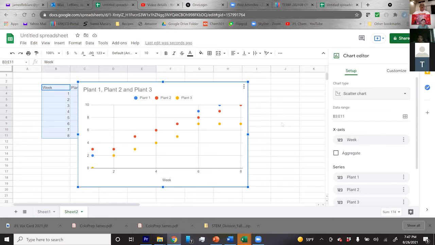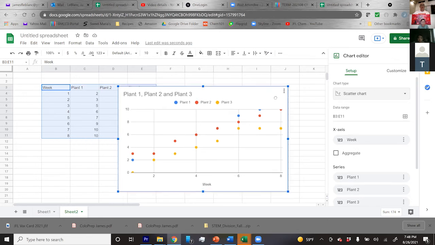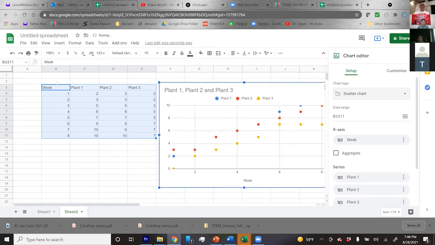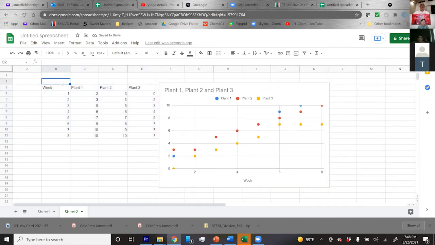So here you can see it automatically gives you a key, it gives you a title, it gives the representation of the x-axis. The first column is always going to be an x-axis, right? So you always want to have your x-axis to be the first one.